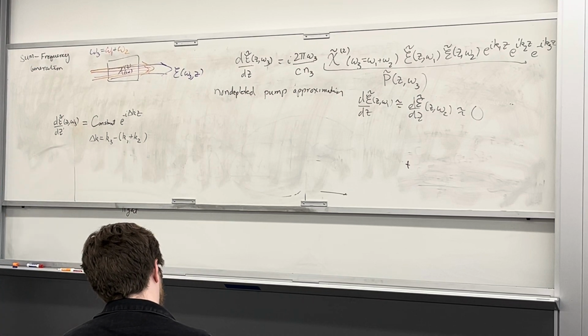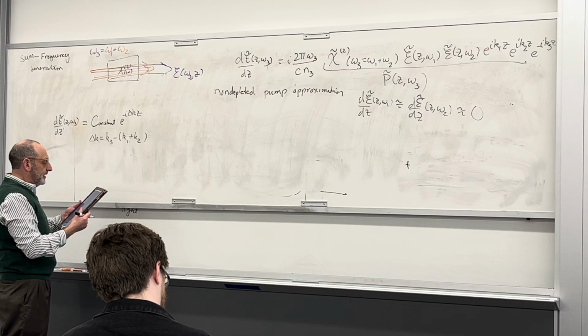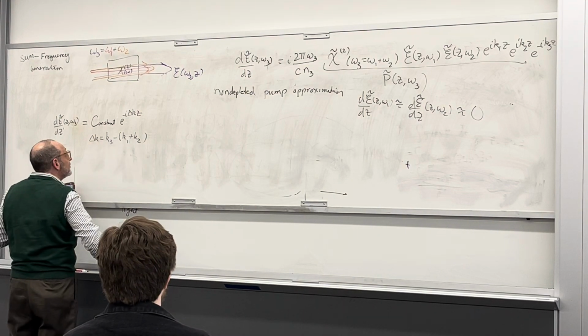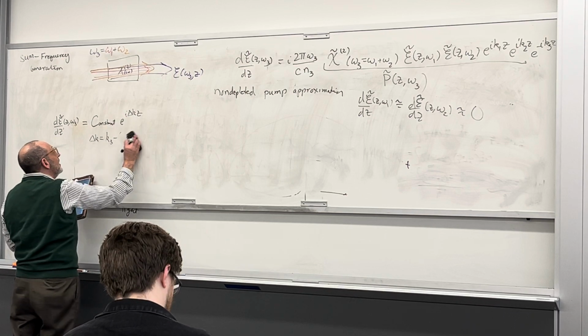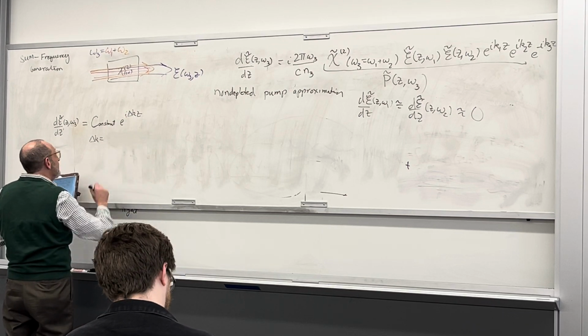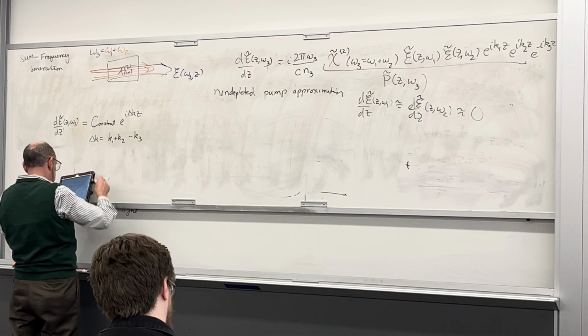Okay, which is what exists there. Let's see, is that how I want to define this? I guess I want to define it the other way around, sorry, just consistent with my notes here. We'll call that plus. And we'll say this is k1 plus k2 minus k3.